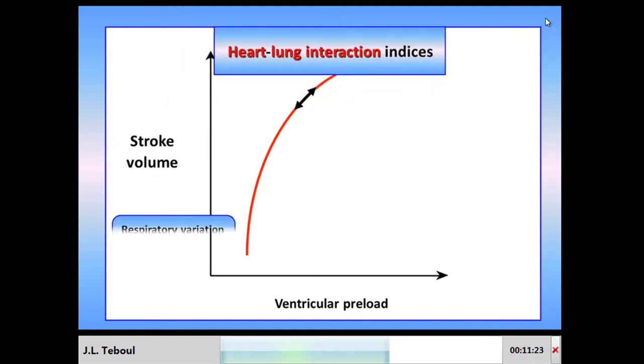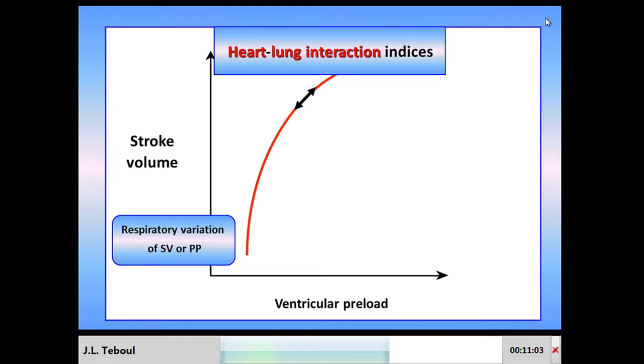Of course, we can also use heart-lung interaction indices, but only in patients with mechanical ventilation. And we can, for example, pay attention to the respiratory variation of stroke volume or pulse pressure. Why pulse pressure?